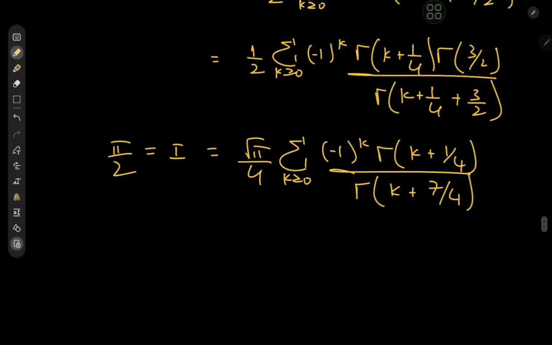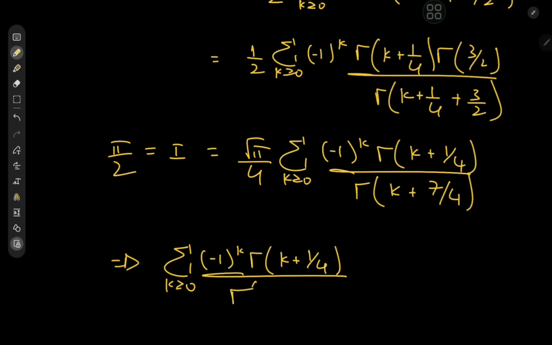So this is absolutely awesome because we can multiply by 4 divided by root pi, which implies that the sum over k of negative 1 to the k times gamma of k plus 1/4 divided by gamma of k plus 7/4 equals what exactly? We have root pi times 2. We have 2 times root pi.